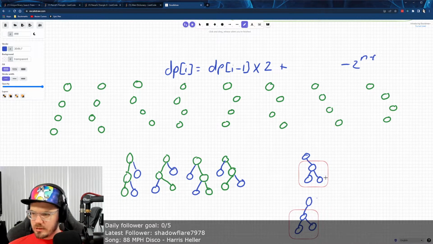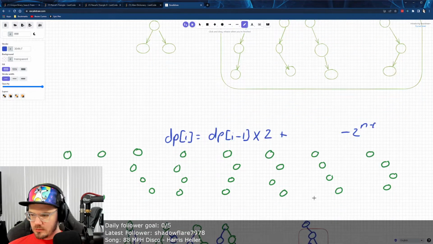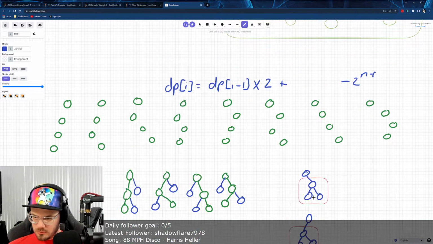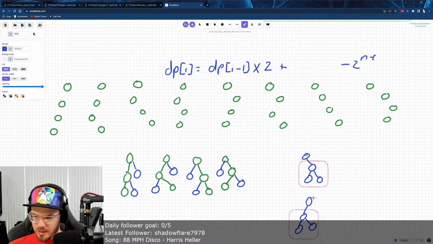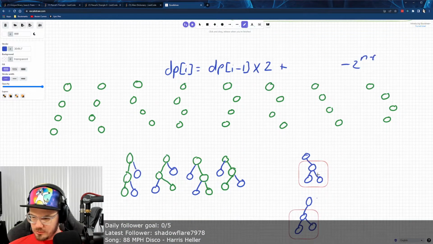Well, we're only subtracting out 2 for this. And for dp of 3, we're subtracting out 1. So it's either we're just subtracting out n minus 2, or we're subtracting out 2 to the something.